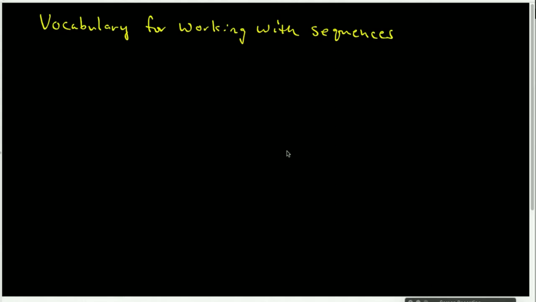In this video, we're going to look at some important vocabulary words that we use when we're working with sequences. So to get started, we're going to let the pk's be a sequence as k goes from 1 to infinity.